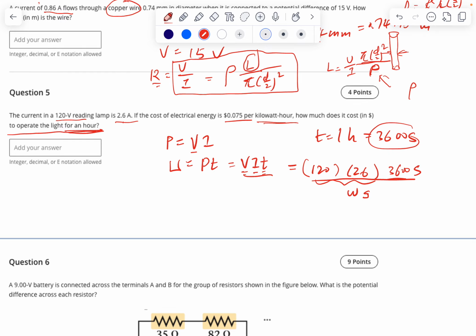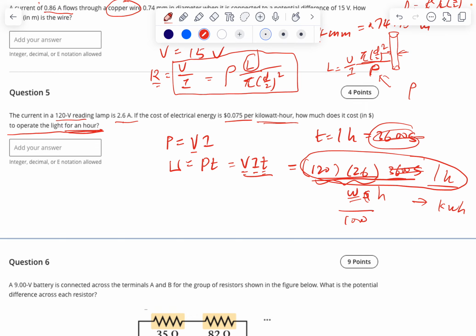So you don't need to change this, because we're looking for kilowatt hours. You times 1 hour, so 120 times 2.6, whatever you get in watts, times 1 hour is watt hours. Then remember you have to turn that into kilowatt hours, so whatever you get here, divide by 1,000. Now you have kilowatt hours.